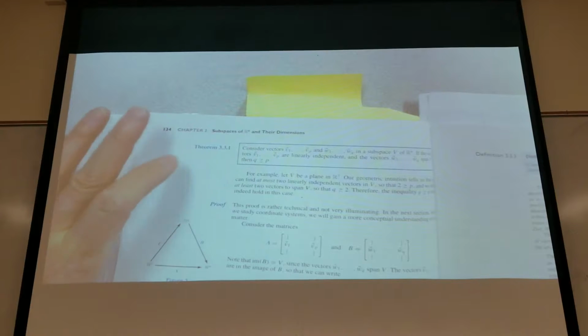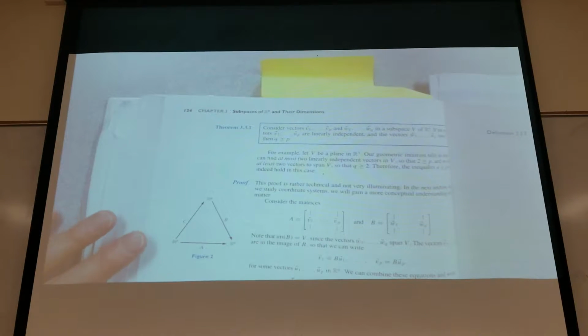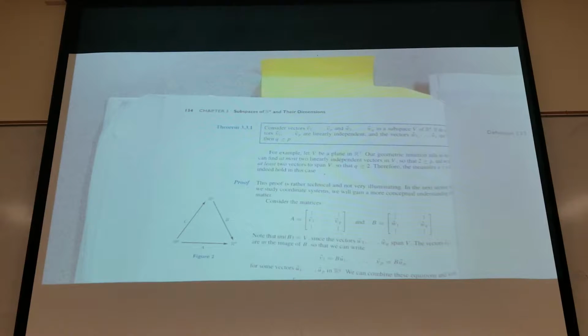This theorem is the basis for the proof. What we're going to do is show p is less than or equal to q. That's another good thing to know: in mathematics, how do you show two numbers are equal?